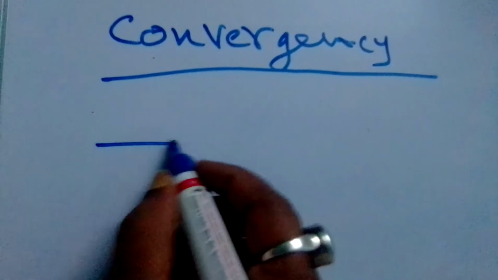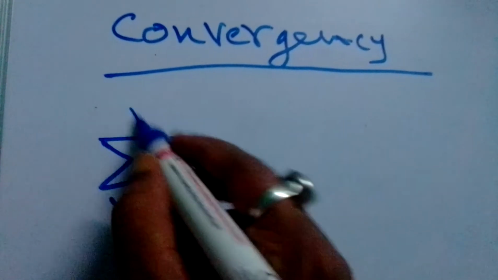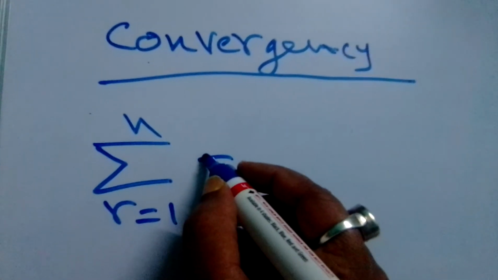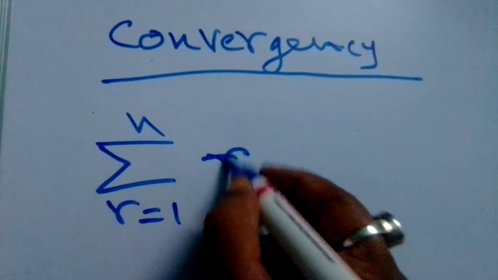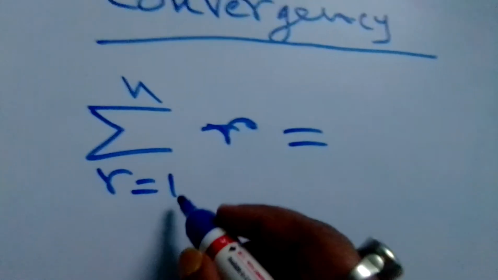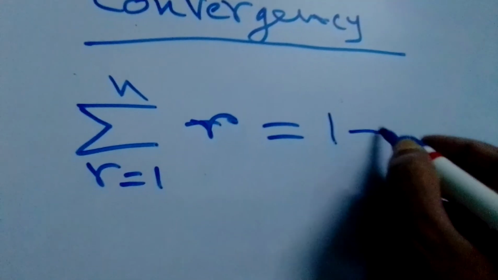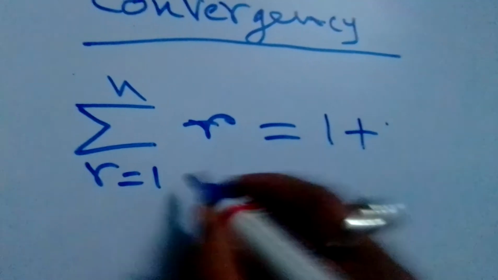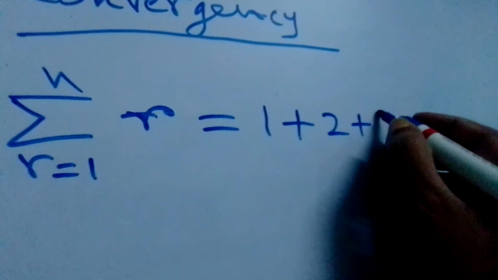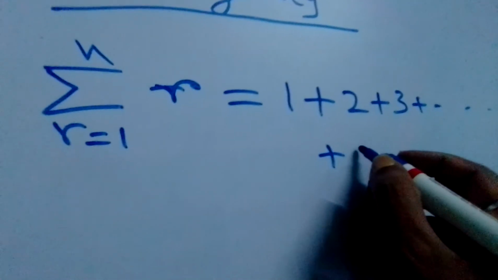At first, if we consider this type of series, summation r runs from 1 up to n, how do we analyze this series with the suffix r? If we take the value of r equal to 1, then 2, then 3, and successively in this way, the last term is n.